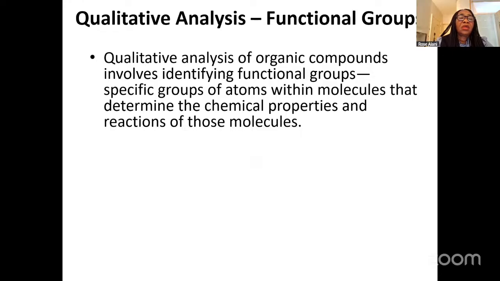So we want to look at qualitative analysis in respect to functional groups. In this case, specific groups of atoms within the molecules can be determined; their chemical properties and the reactions of those molecules are unique to those compounds.